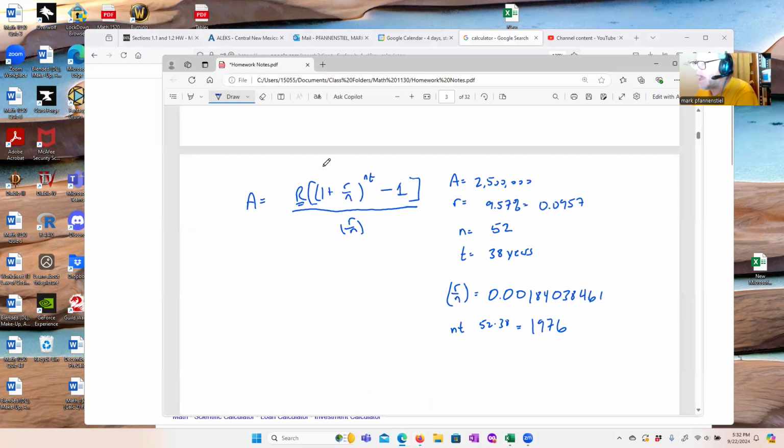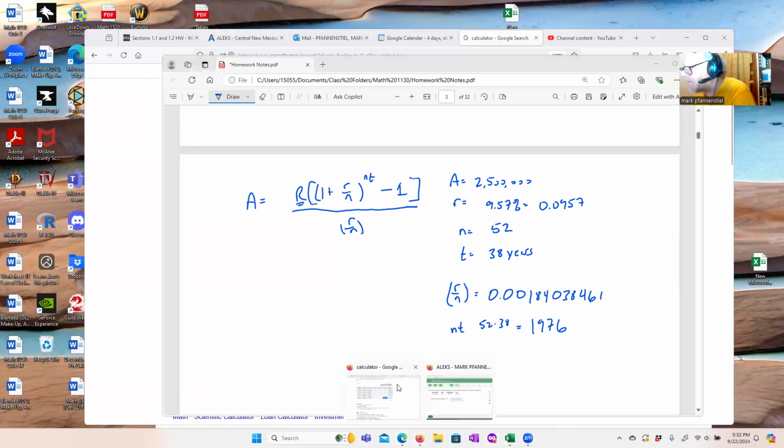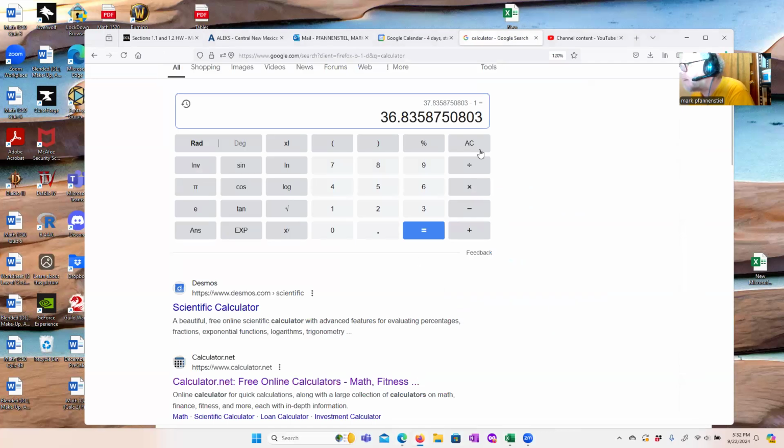Now we're trying to solve for R, so we don't know what that's going to be yet. We're going to divide by R over N. Fortunately, we already know what R over N is. It's this horrible number right here. So we're going to go back to our calculator and say divided by 0.00184038461.